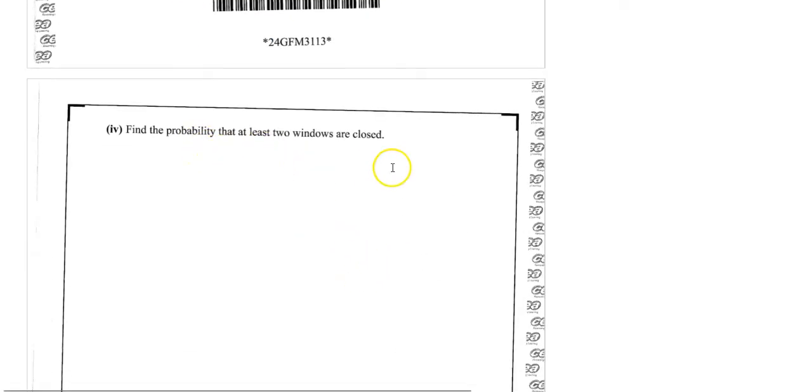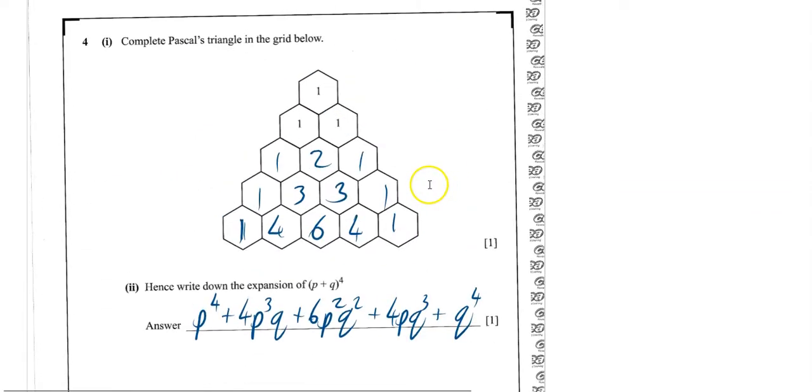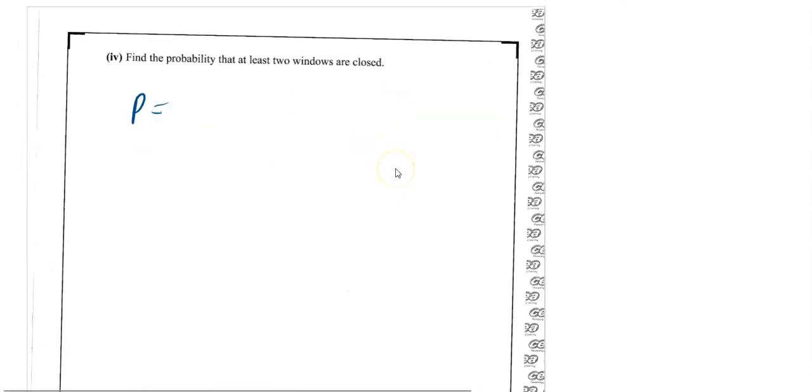Find the probability at least 2 windows are closed. So P was the probability that something was open. So it's 0.7. Q is 0.3. We want at least 2 are closed.